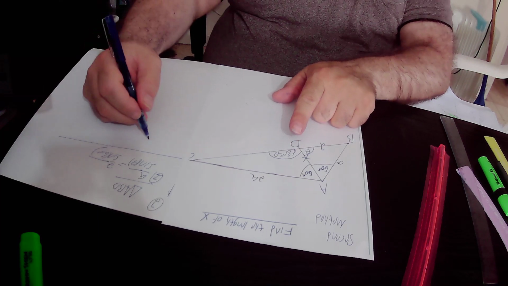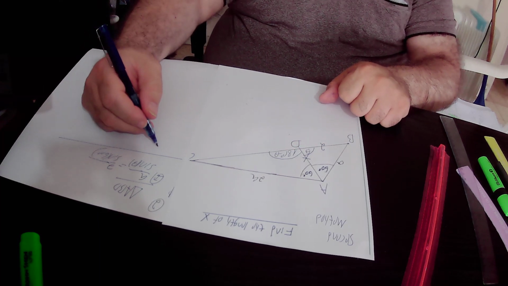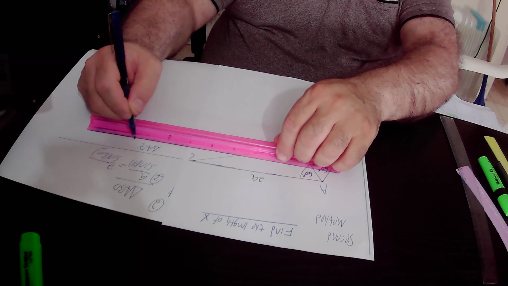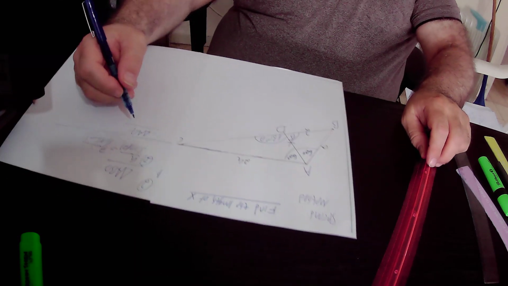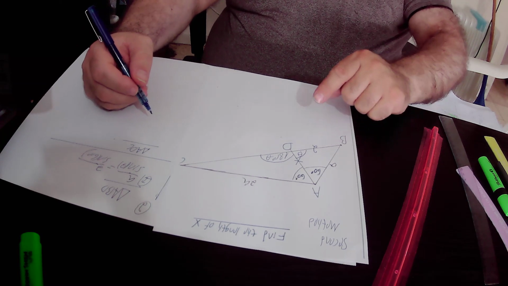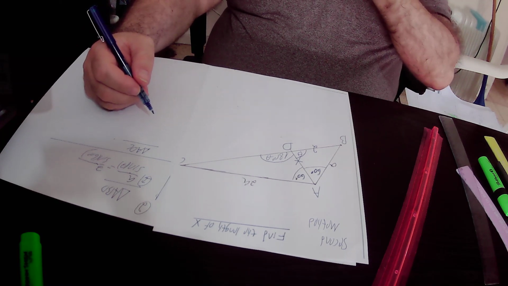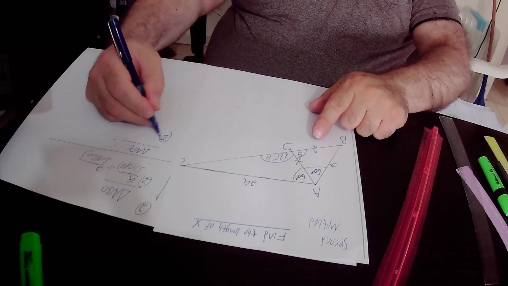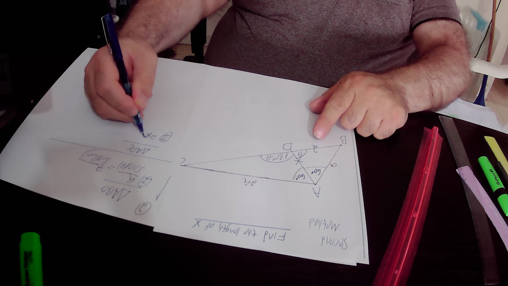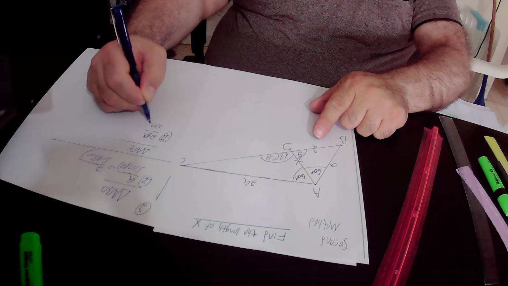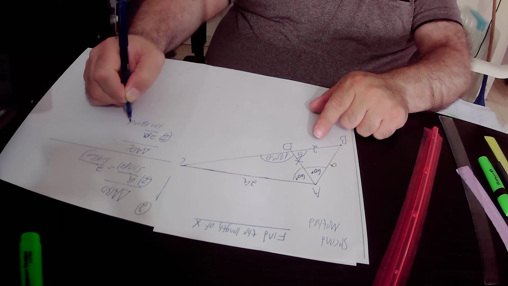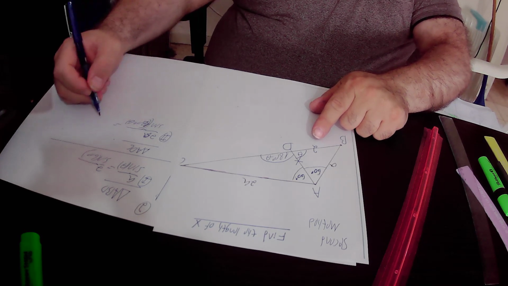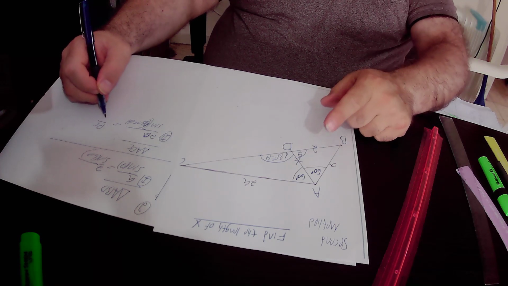In triangle ADC, according to the law of sines, we will get here that 2a over sine of 180 degrees minus theta equals DC over sine 60 degrees.